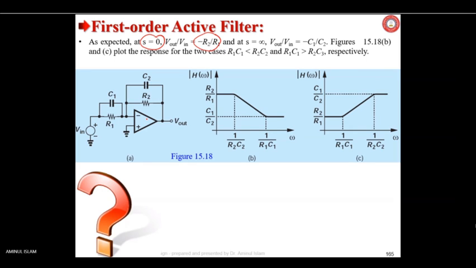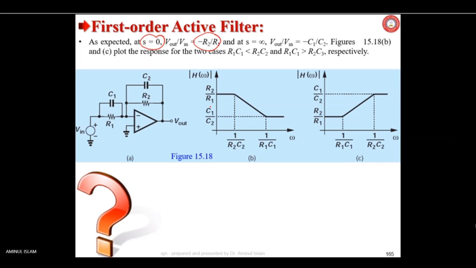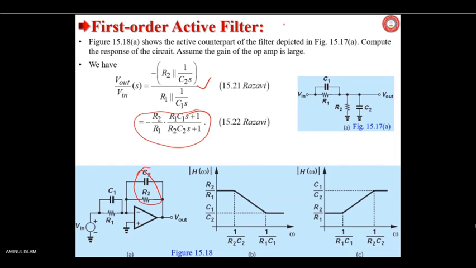Is it that? See this? Yes or no? Yes, sir. And at s equals infinity, it is going to be minus C1 by C2. Is it correct? Yes, sir. Okay.